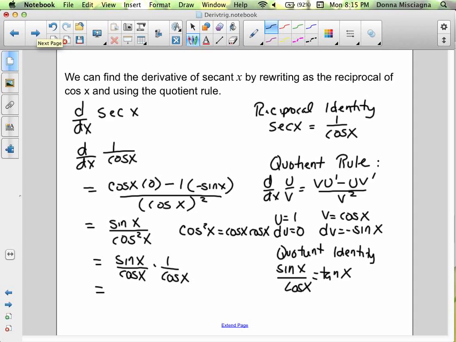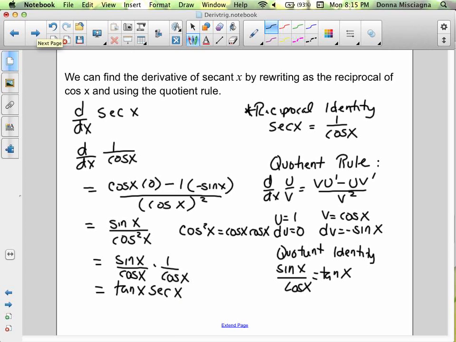And we can use a reciprocal identity. I think on the last page I wrote the same reciprocal identity twice instead of looking up. So we already have secant x equals 1 over cosine x. So if secant x equals 1 over cosine x, 1 over cosine x equals secant x. So we can replace the sine x over cosine x with a tangent x, and the 1 over cosine x with a secant x.